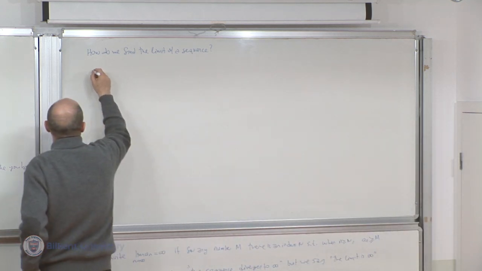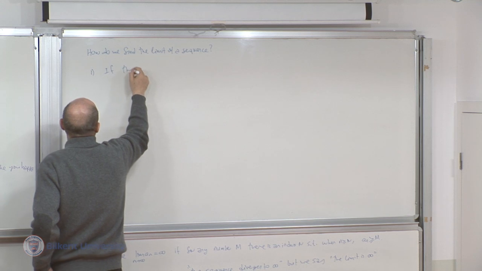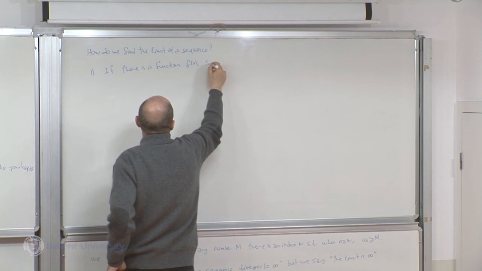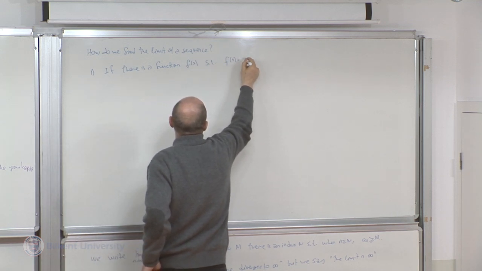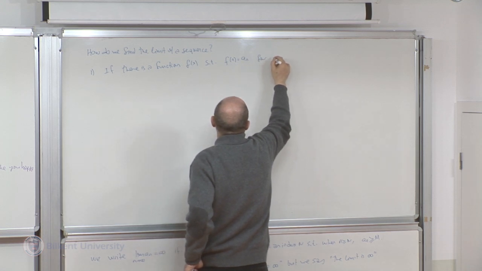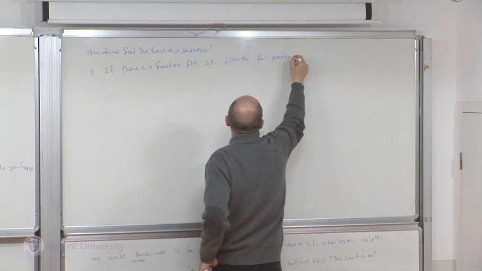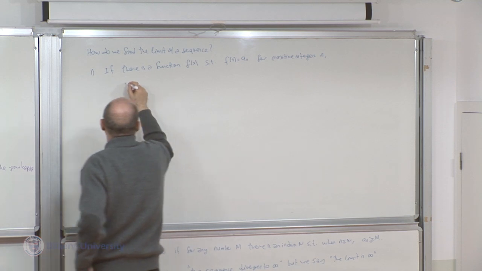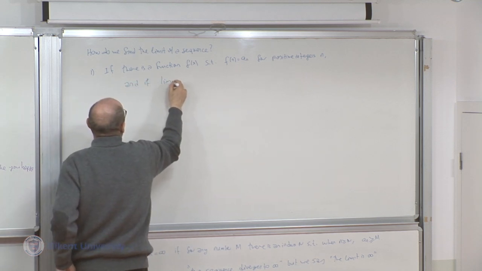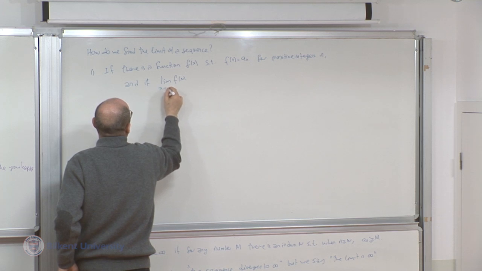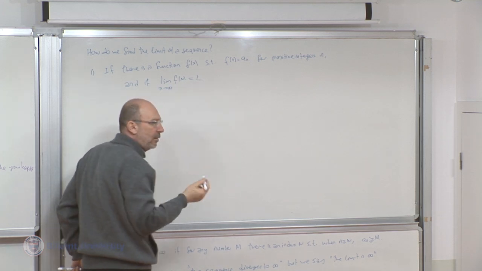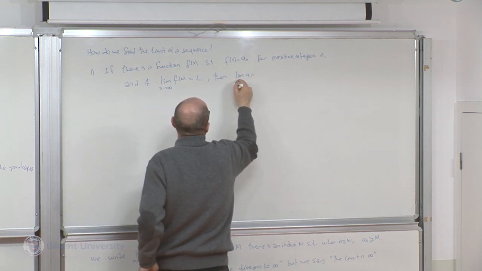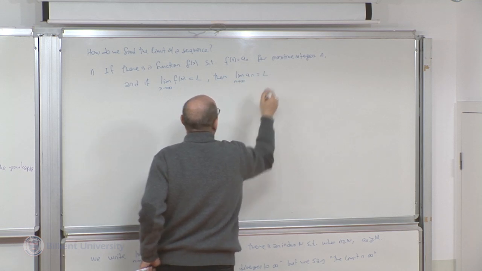The first thing is, if there is a function f of x such that f of n equals a n for positive integers n, and if the limit of f of x as x goes to infinity is equal to L, then the limit of a n as n goes to infinity is equal to L.